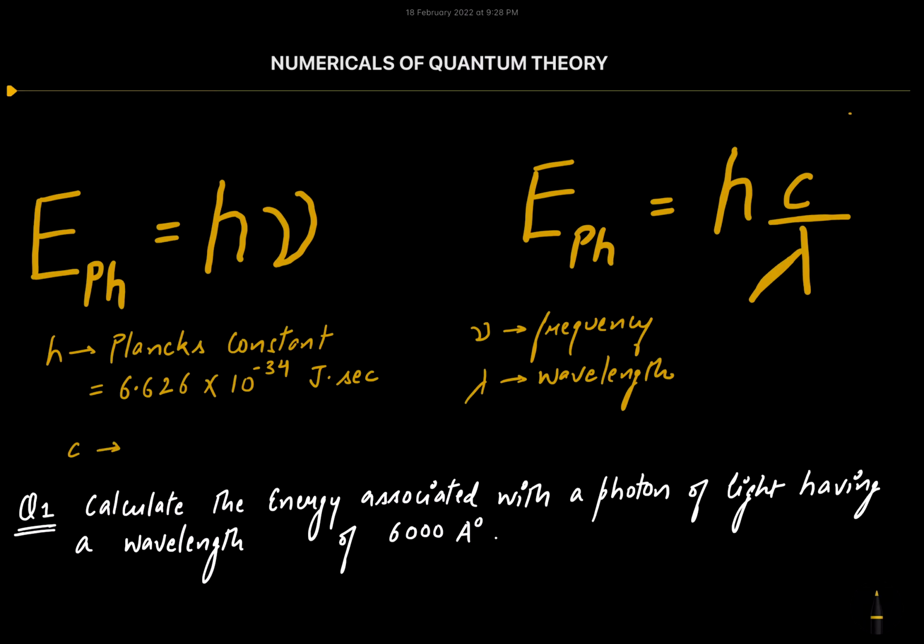It is the speed of light, whose value is 3 into 10 to the power 8 meters per second. So these are the formulas that I'm going to use in solving these numericals.